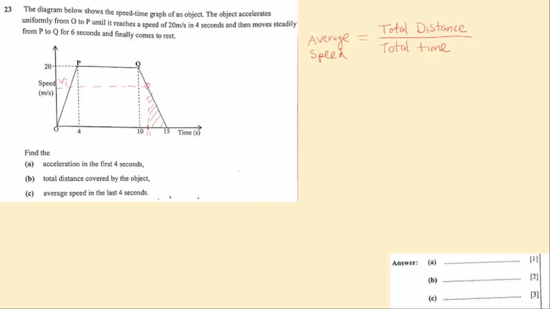This line will have a slope, or we can say it will have a gradient. So this point and that point and any point that lies on this line will have the same gradient, the same slope. And we know that the slope or gradient of this line is the acceleration.